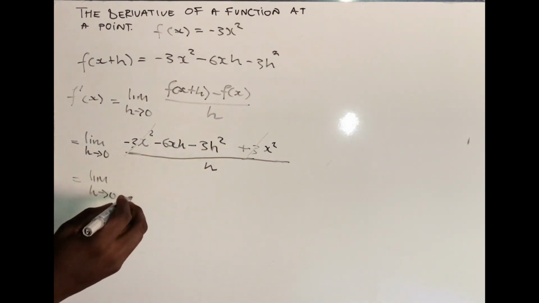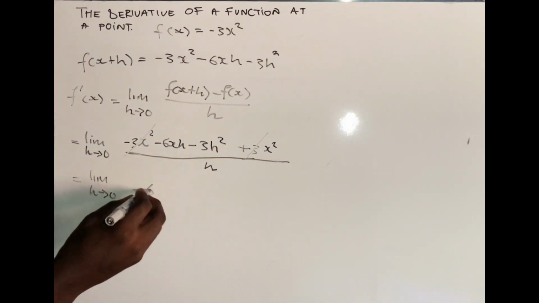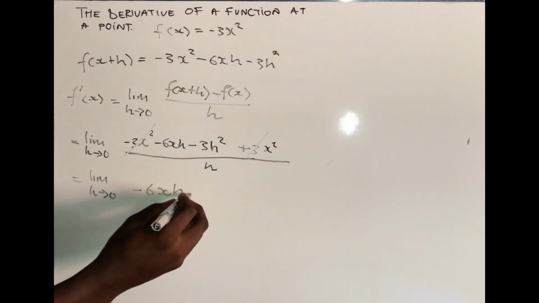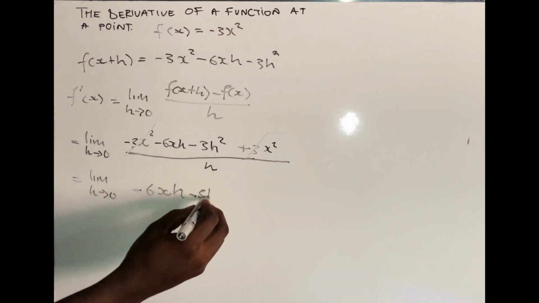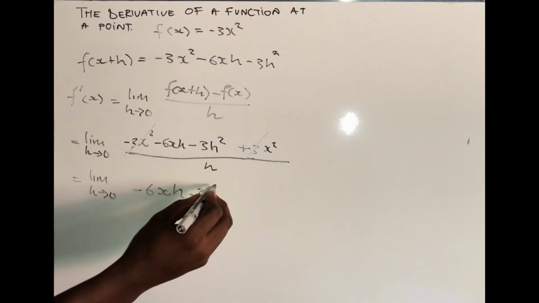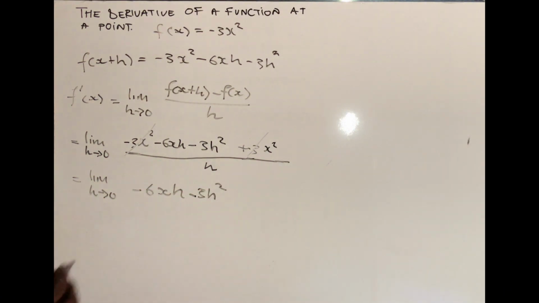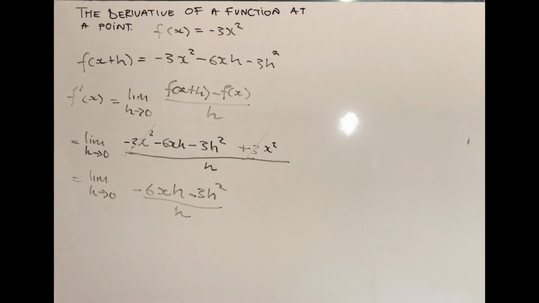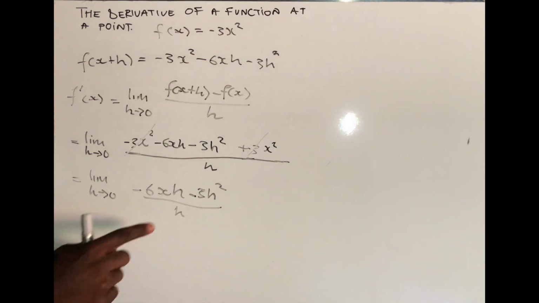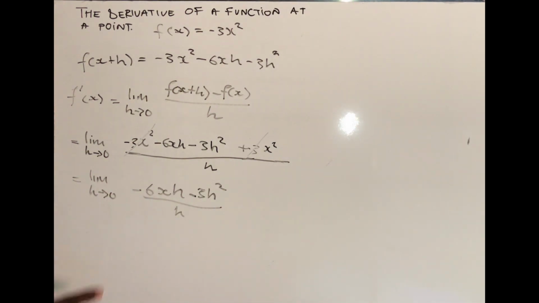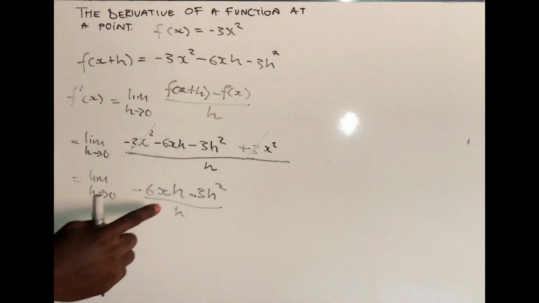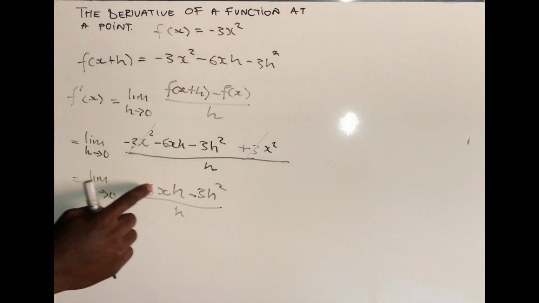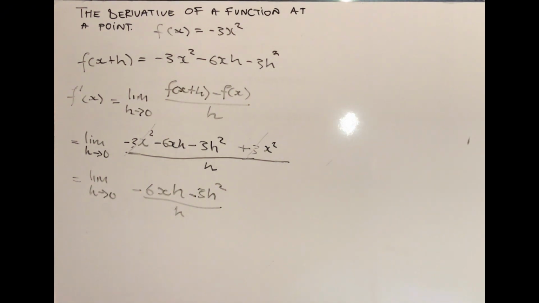This cancels, then you will be left with negative 6xh minus 3h squared, divided by h. And now, to get rid of this h, you have to take out a common factor. You take out h from the top side.